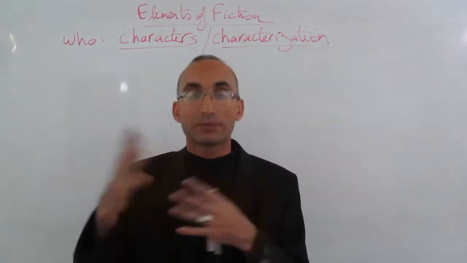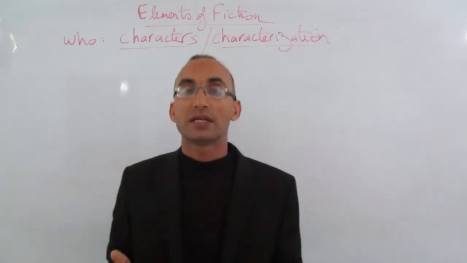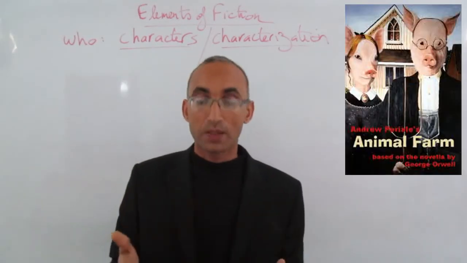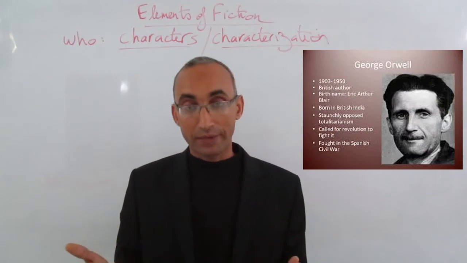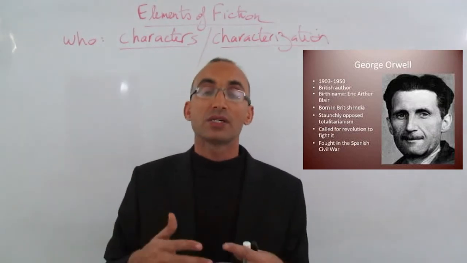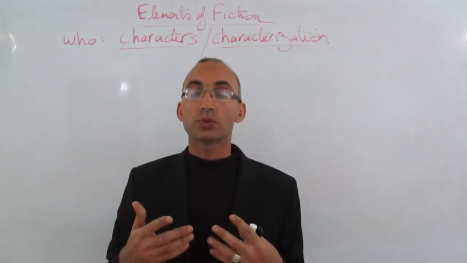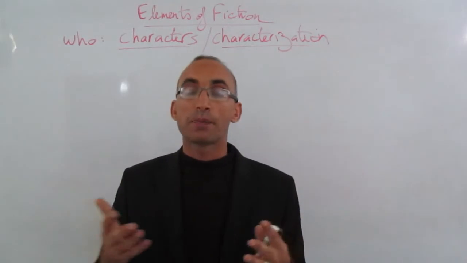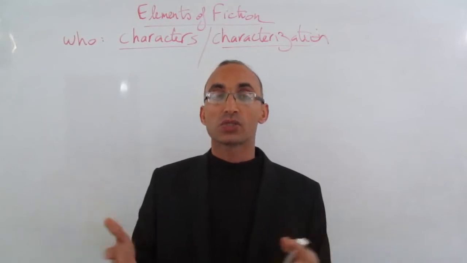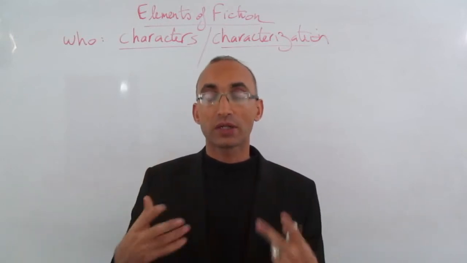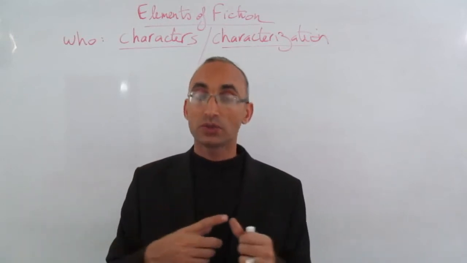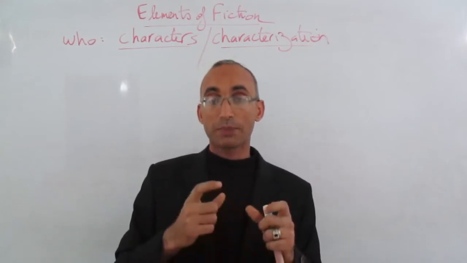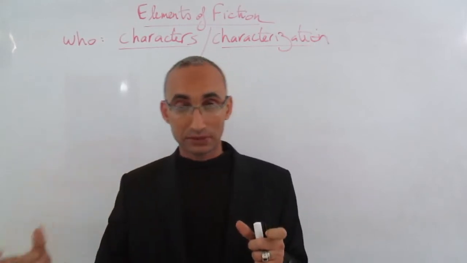For example, we have animals sometimes, like what we have in Animal Farm by George Orwell, and also in The Jungle Book, Mowgli and the other animals, which are also participant characters in that story. So characters usually refers to those personalities in a story.